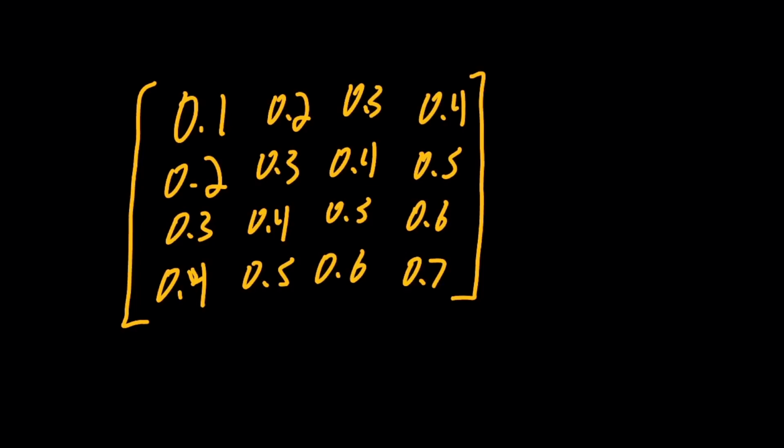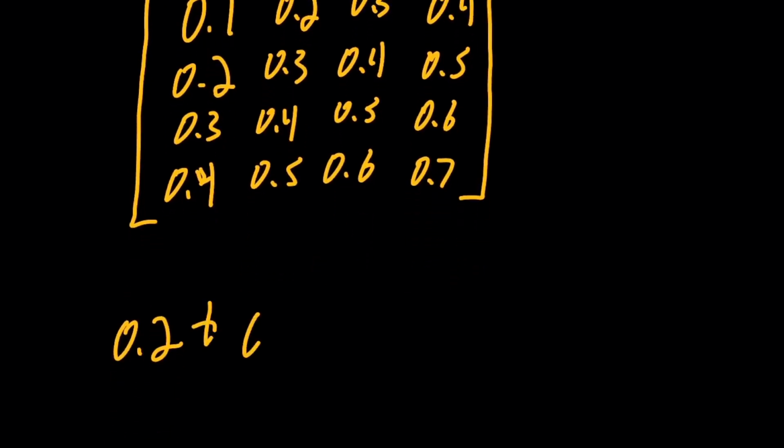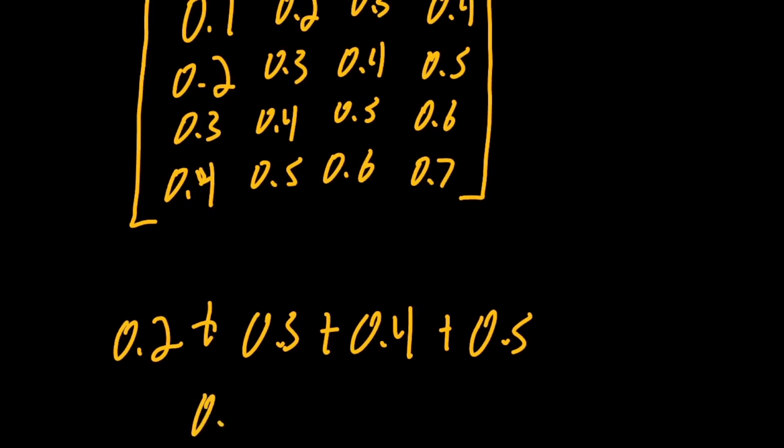But what about the other columns? Okay, let's look at column 2. We have 0.2, 0.3, 0.4, and 0.5. So if you do the math, it turns out it's not going to be equal to 1. 0.2 plus 0.3 is 0.5, plus 0.4, plus 0.5.